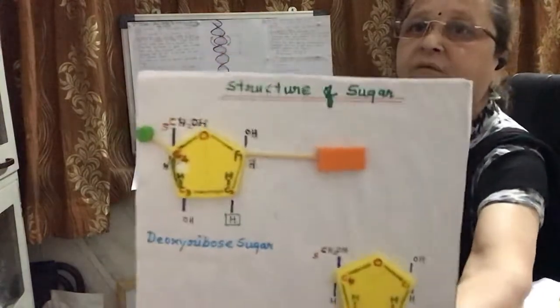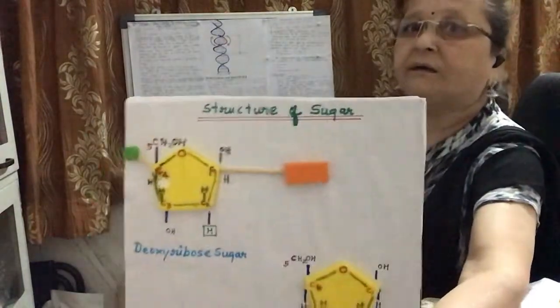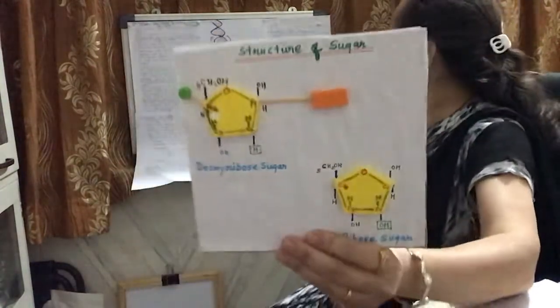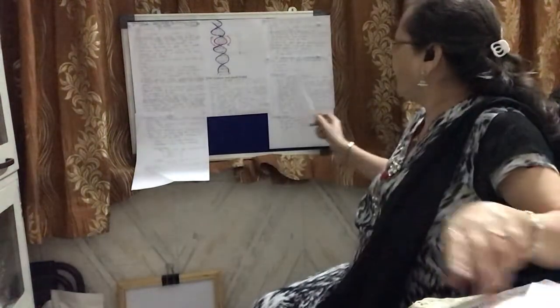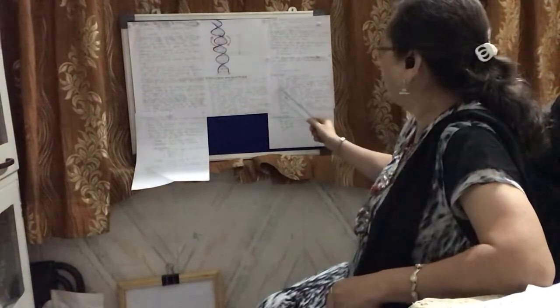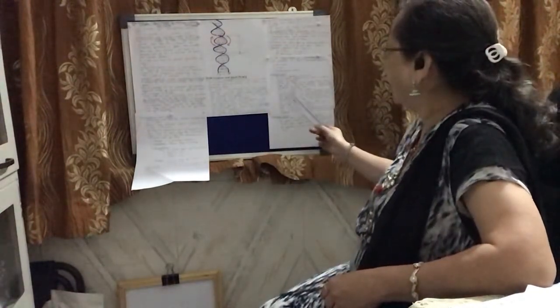See once more, it has a pentagon structure and it is called the pentose sugar. There are 5 carbon atoms present, and at the top there is an oxygen atom, and from the right side we have counted that the functional groups are attached, that is hydroxyl and hydrogen. In another structure we have also seen the same.